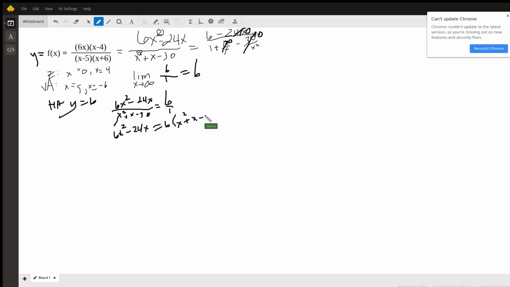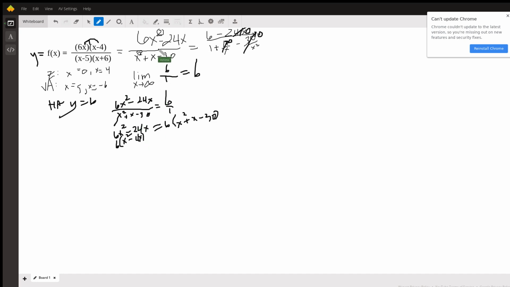Now, if you look on the left side there, you can factor a 6 out. So this becomes 6 times x squared minus 4x. If you just factor out a 6, you get x squared minus 4x, which is what we get if we multiplied the 6 back in.